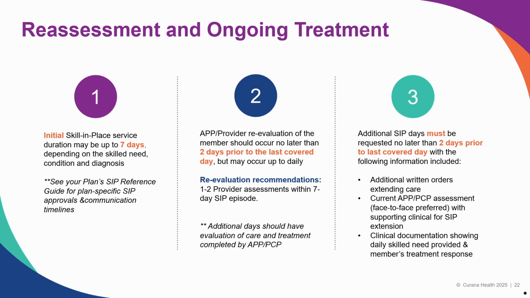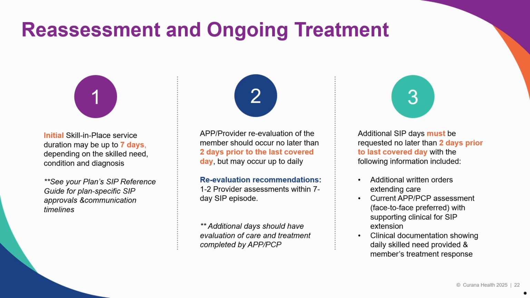Reassessment and ongoing treatment of the skill-in-place services. The initial skill-in-place service duration may be up to 7 days, depending upon the skilled need, condition, and diagnosis. The APP provider will reevaluate the member, and it should occur no later than 2 days prior to the last covered day, but may occur up to daily.